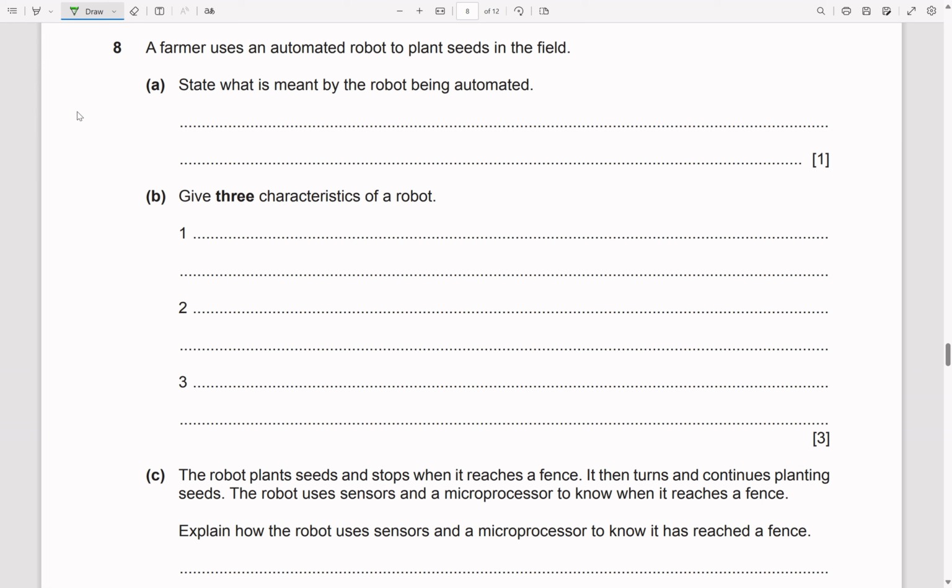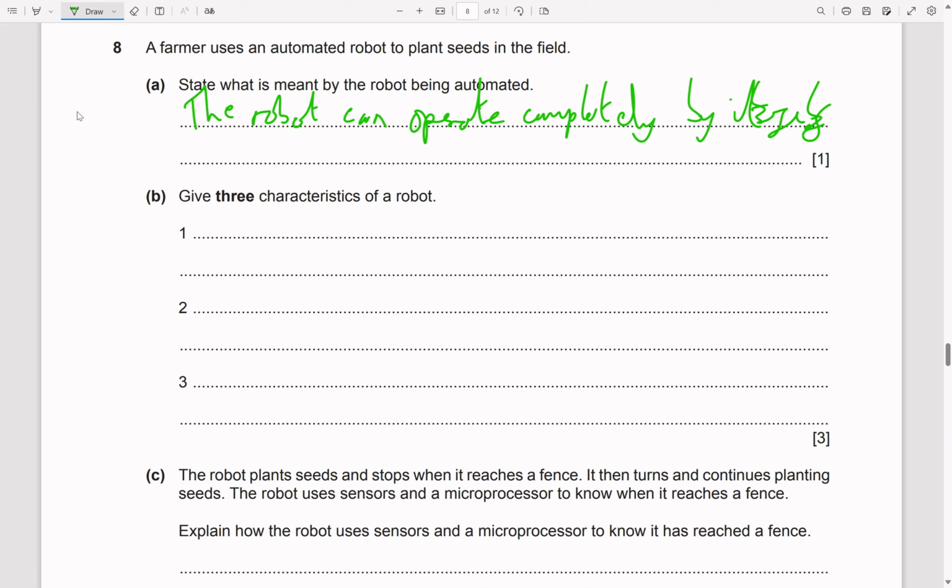Okay, so let's say the robot can operate, that's probably a good word, completely by itself, without human control or intervention. It's really difficult to draw with this tablet.